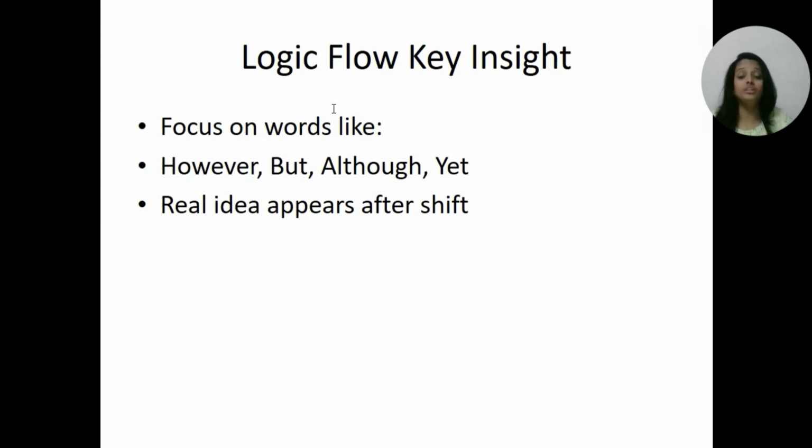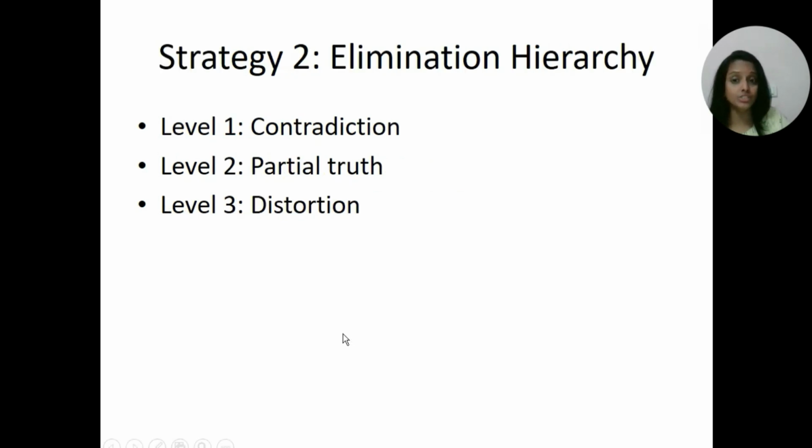That is where the author reveals the actual intention. The result is you stop getting trapped in opening sentences and attractive supporting ideas, and focus only on the final direction of the passage.